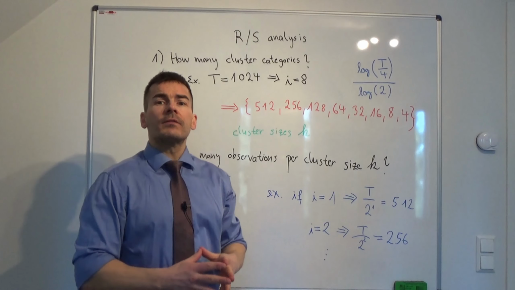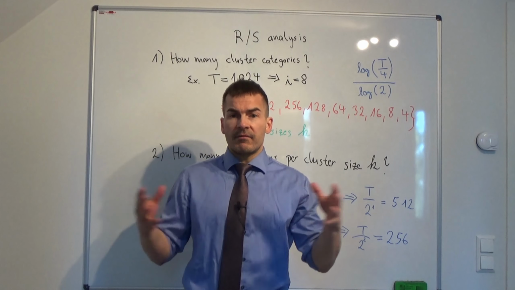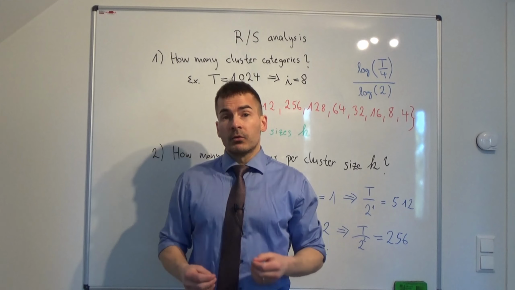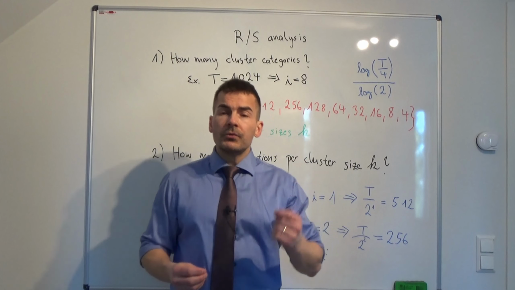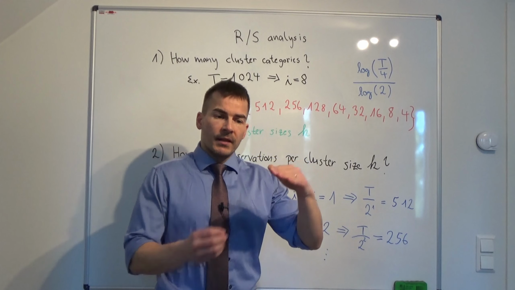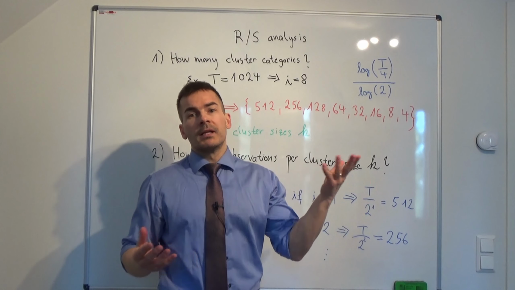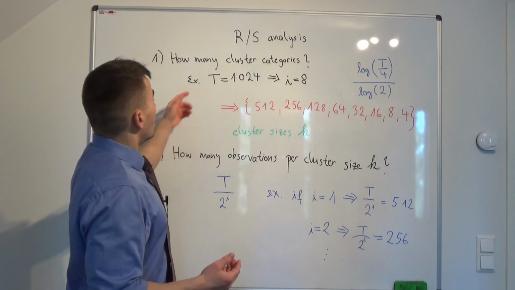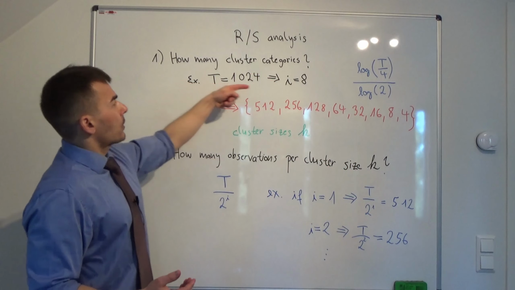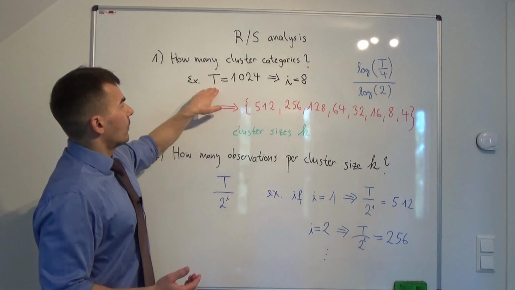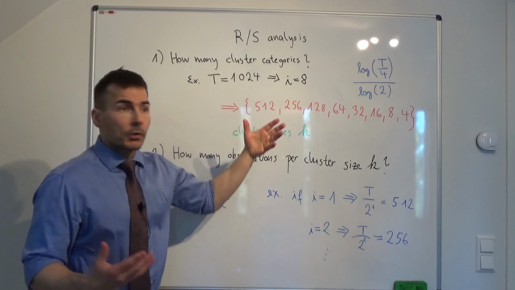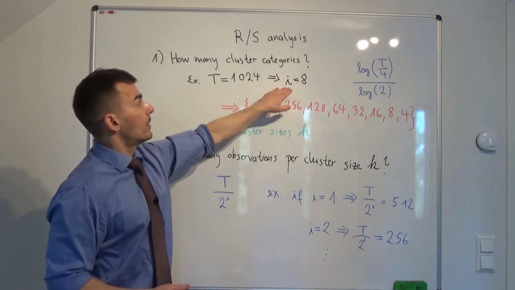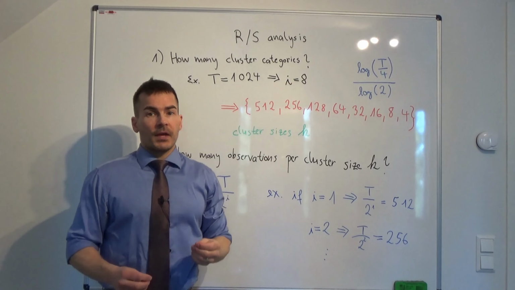In the lecture series we had a data vector having 1024 observations, and I told you the length of the data vector should be a multiple of 2. And I argued also in the lecture, if we have a data vector of 1024 observations, we can operate with I equal to 8 categories.